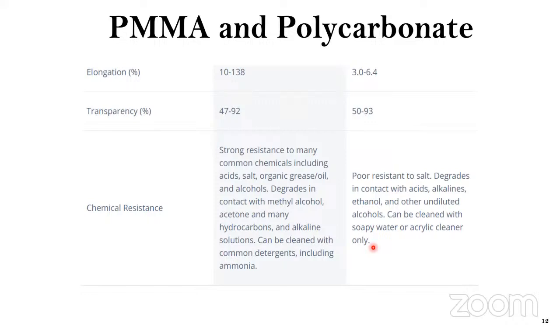PMMA has some disadvantages, like the chemical resistance being limited, but it can sustain some other chemicals. PC has some disadvantages like UV, but PMMA has good UV stability. So both you can use, but with proper care.